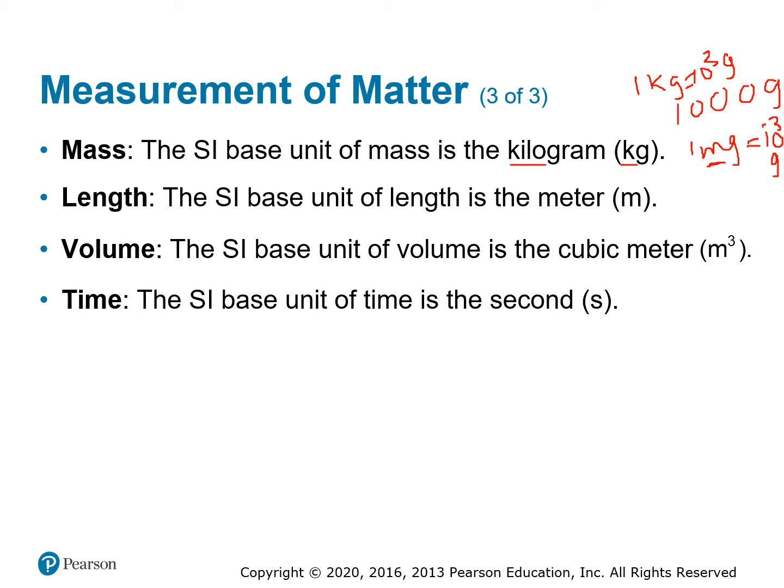The next unit is length. So the SI base unit of length is meter. So consider this: 1 kilometer is about 1000 meters, and for lab purposes, the meter is a big length, so we work with smaller lengths than the meter for our convenience.